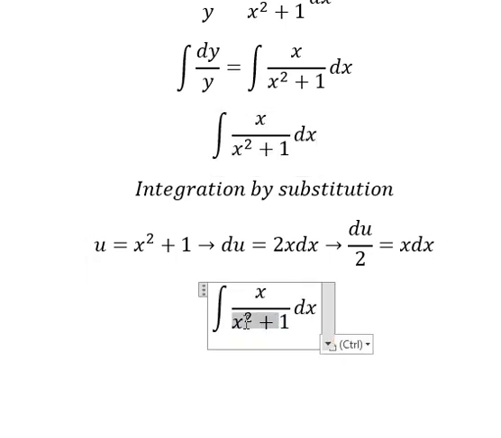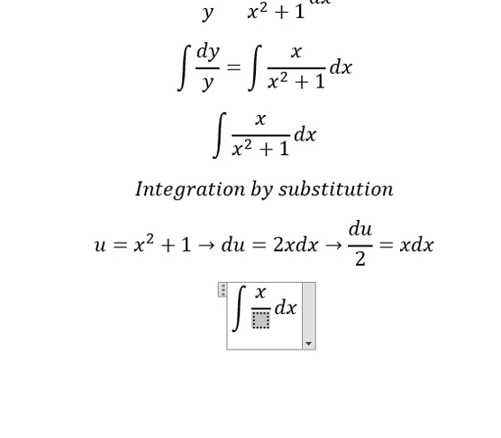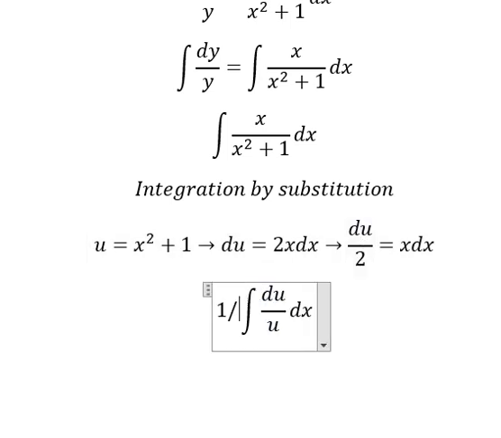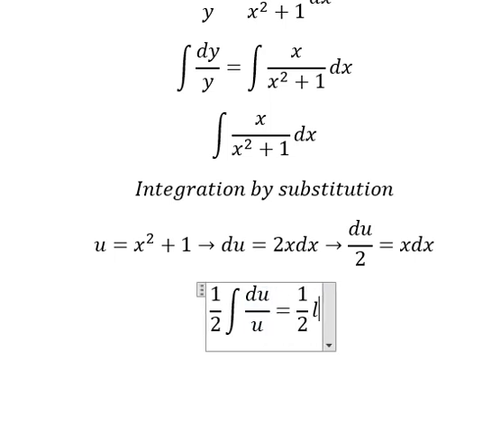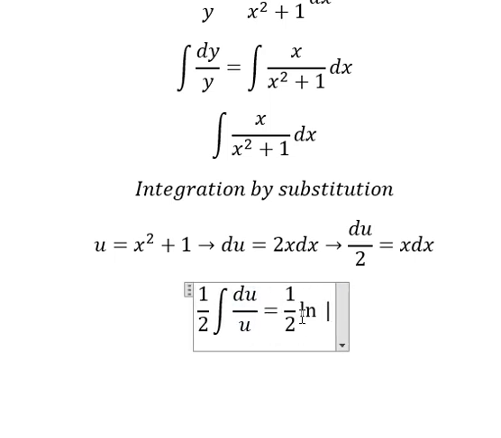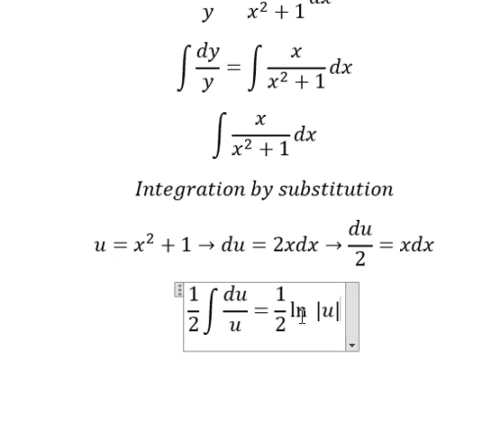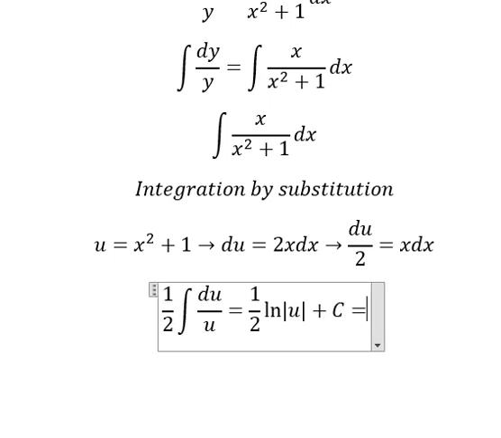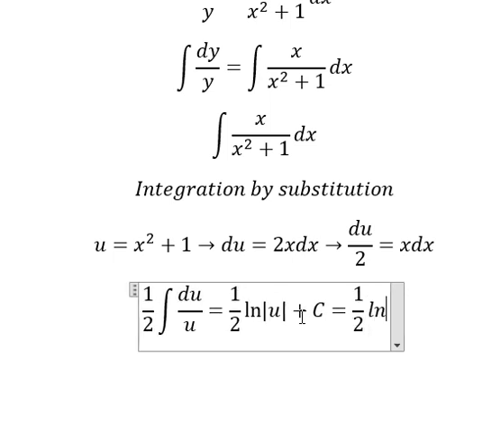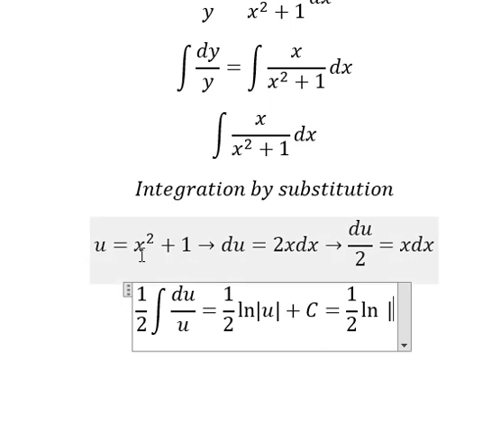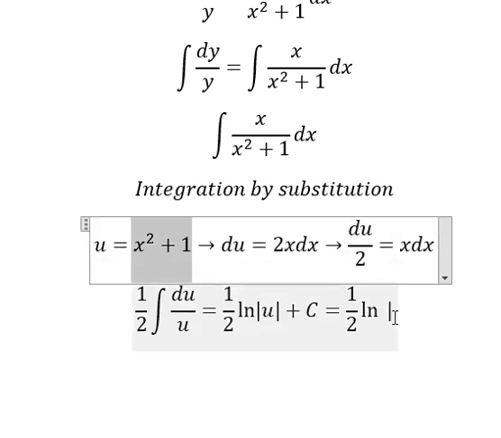So this one we change for u. The s we change for this one. The integration of this one, we have Ln of the absolute value of u. And I will put c. About u, that is about this one.